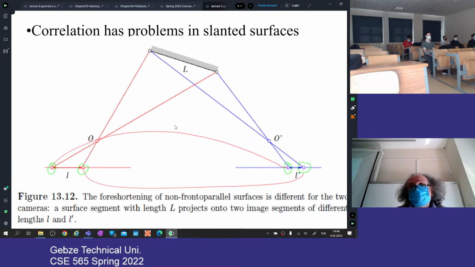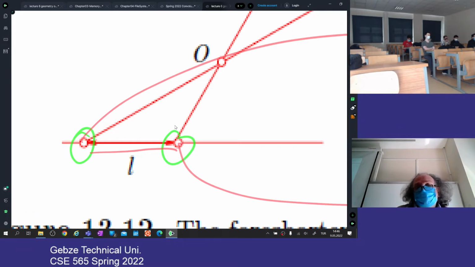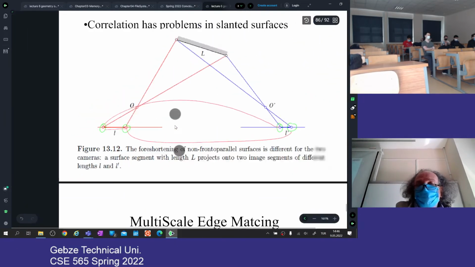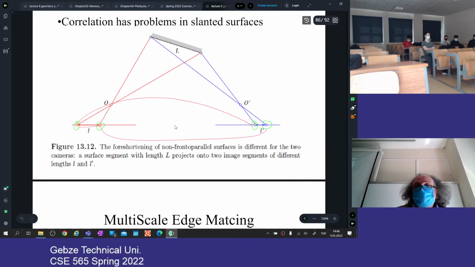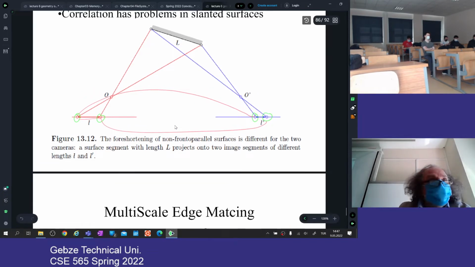Maybe for the rest of them in between, I can linearly distribute the disparities between these two points. That's what I can do if I like to continue. So correlation-based methods, sometimes we don't need them, and sometimes I can't apply them for these kinds of reasons. Okay, good. So I think this is where we left two weeks ago. Any questions up to now?